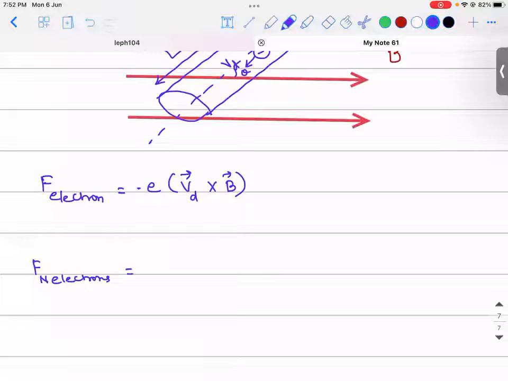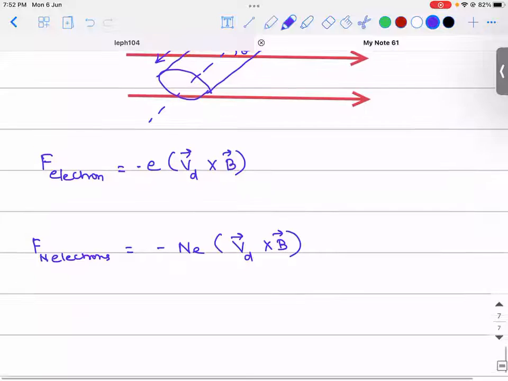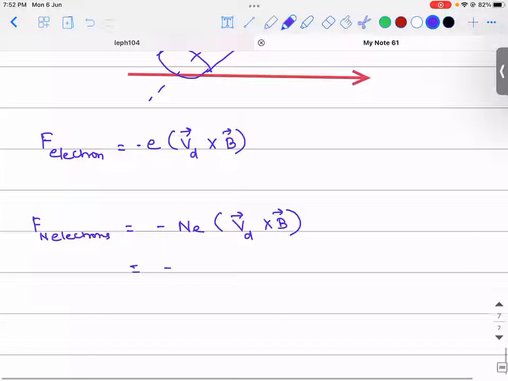If one electron is able to experience this amount of force, what will be the value of force experienced by the total electrons put together? Is this clear? Right. This will be equal to minus Ne into Vd vector.